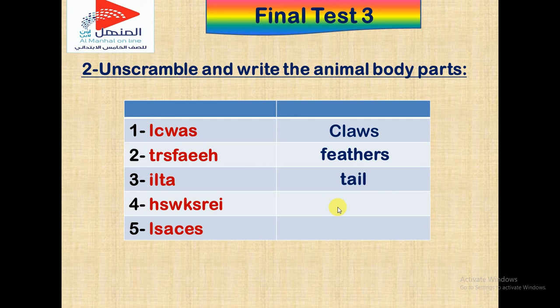It's like hair on top of the mouth of the animal. Yes, good job. Whiskers. All right, the fish has that on the body, and reptiles also have that on the body. Yes, they are scales. So we have claws, feathers, tail, whiskers, scales, and all of them are parts of the animal's body or animal body parts.